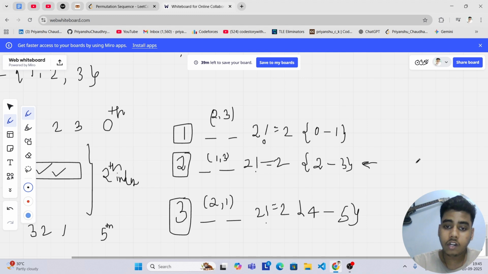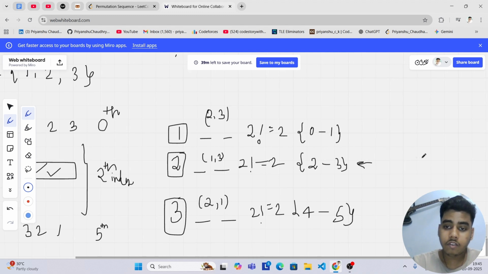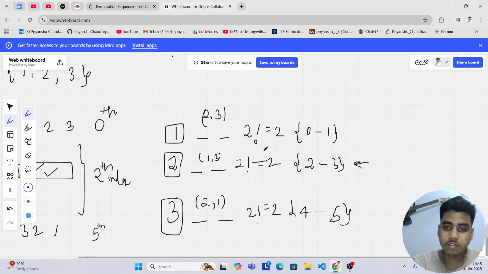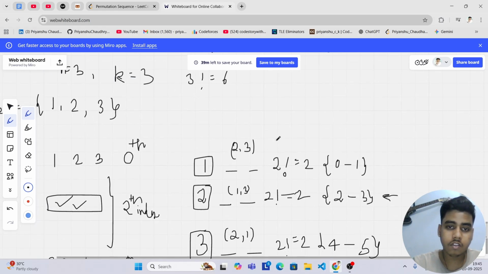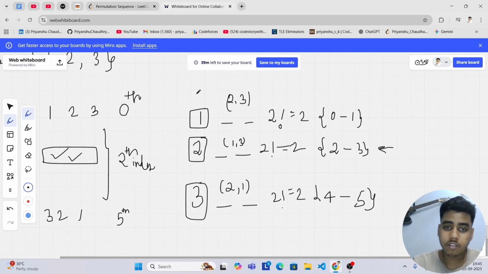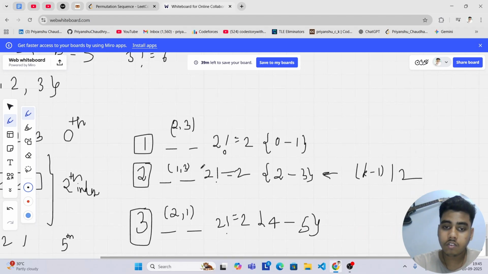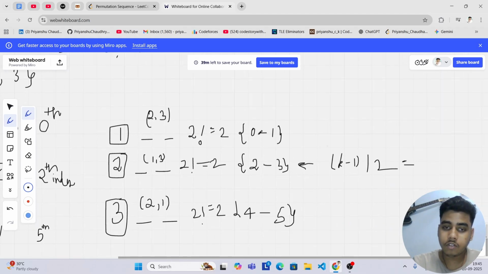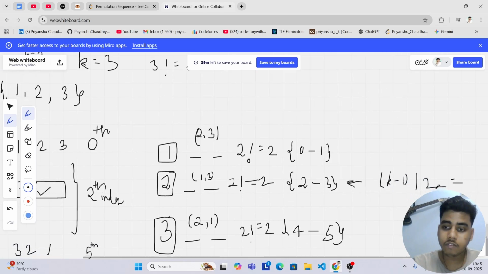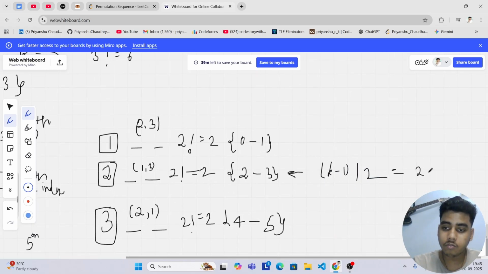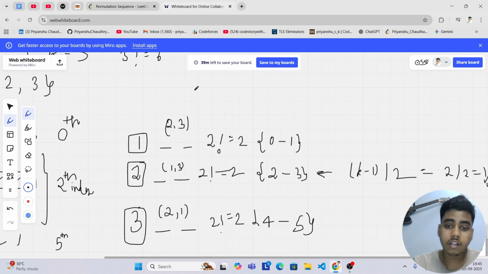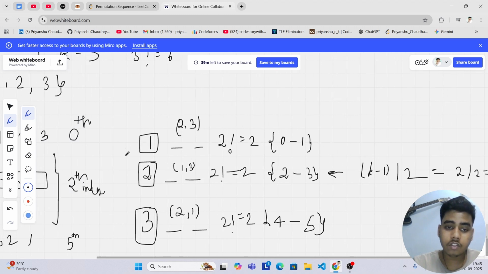So if we divide k minus 1 by 2, what was k? K was 3, and if I divide this 2 by 2, this will give 1. So this 1 will tell me which block I have to take.